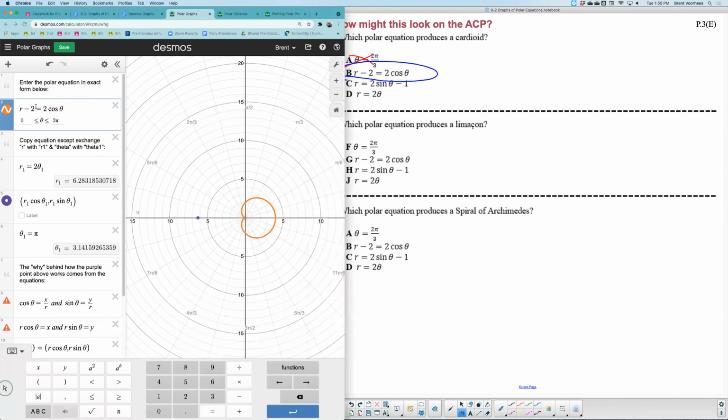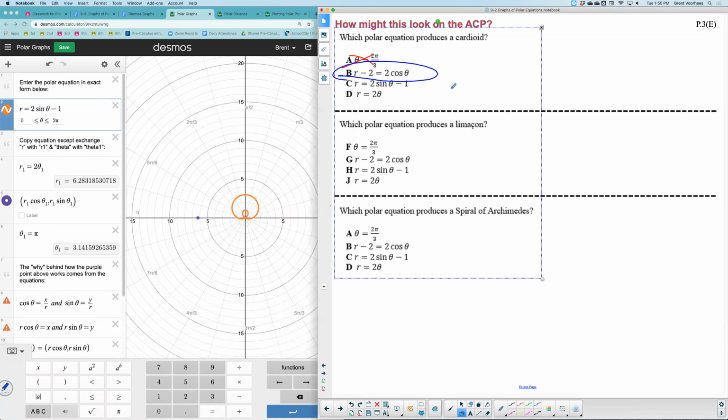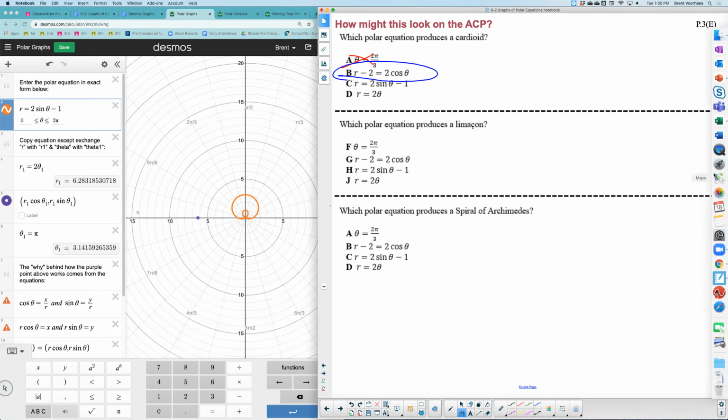Let's just go ahead and finish off and see what the other ones are. 2 sine. There we go. Minus 1. What would that resemble? This has the inner loop. We would call that a limicon. Let me write this in. This is a line through the pole 2 pi over 3.